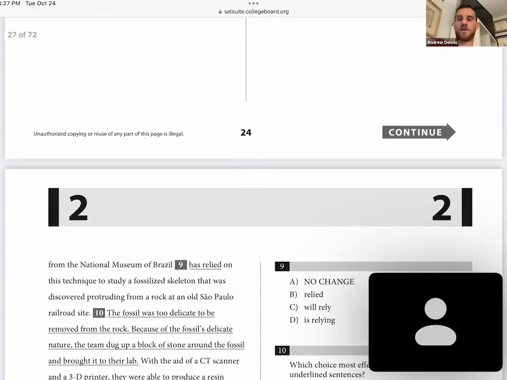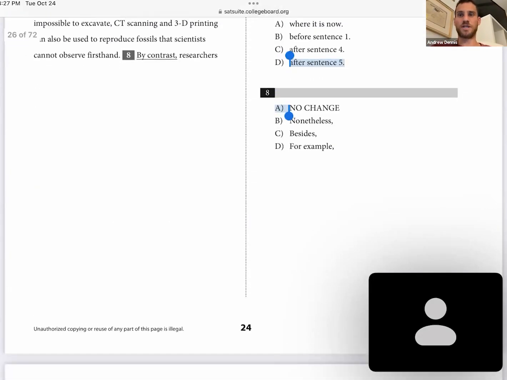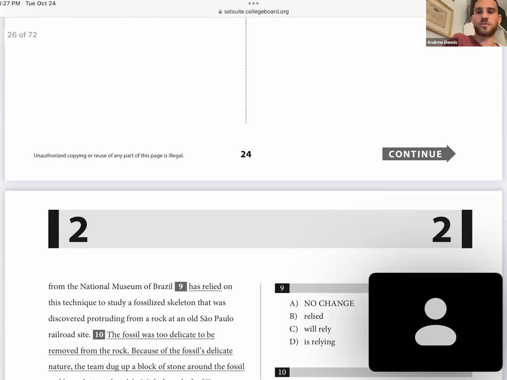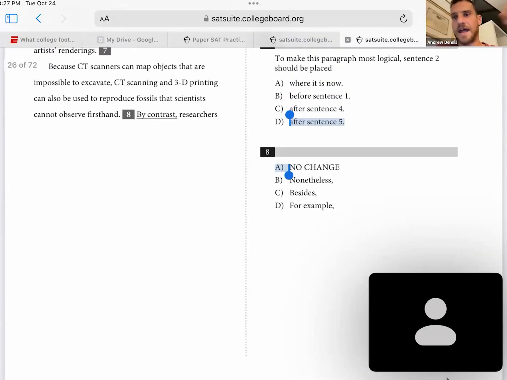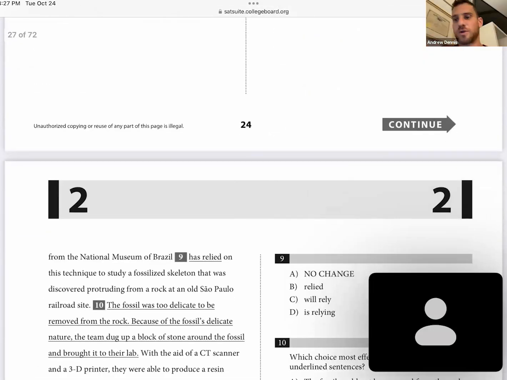"Researchers is relying" wouldn't work. You know why? Because it says "by contrast, researchers," and then "from the National Museum of Brazil." That part isn't necessary when you're doing the agreement. We're just looking at the noun, which is researchers, plural. "Is relying" wouldn't work. It'd have to be "researchers are relying." So D is just incorrect grammar.